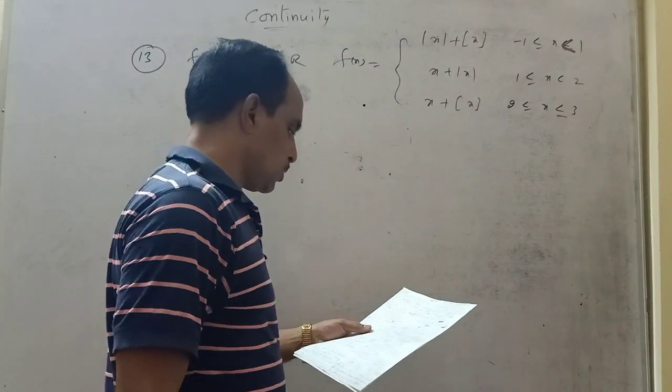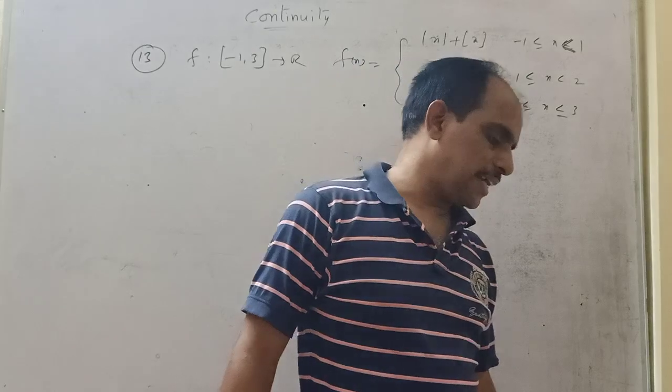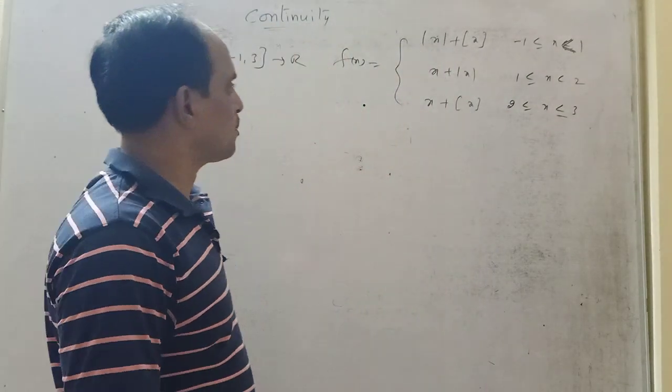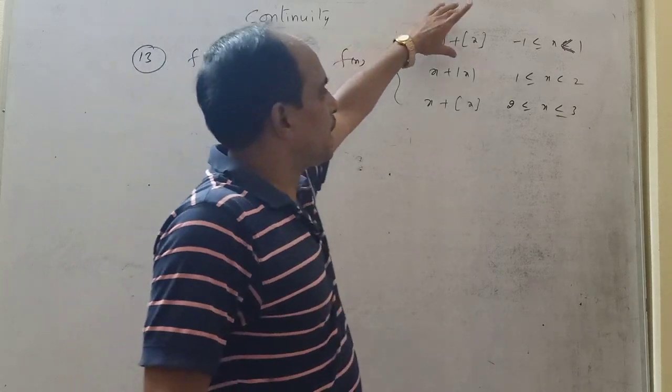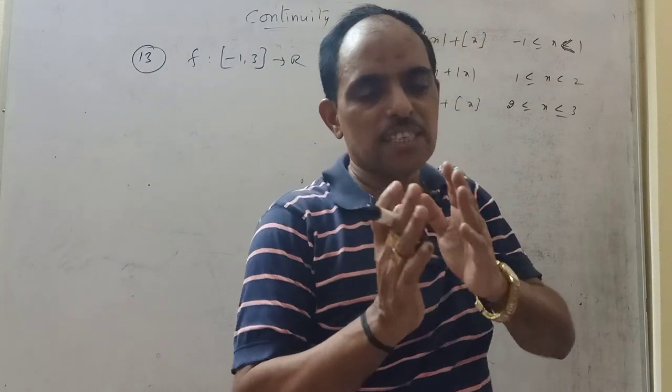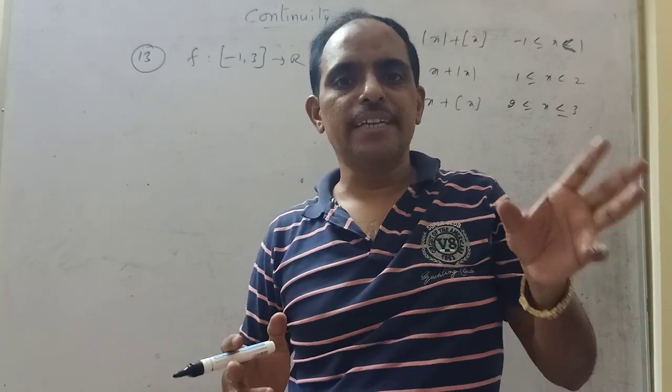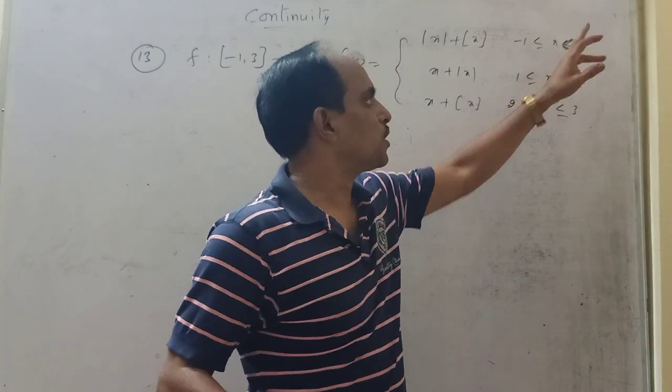So f is discontinuous at the points... Whenever step x is there, we have to take the x values at 1 unit gap only, but it is given minus 1 to 1.